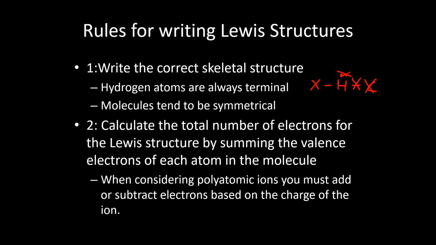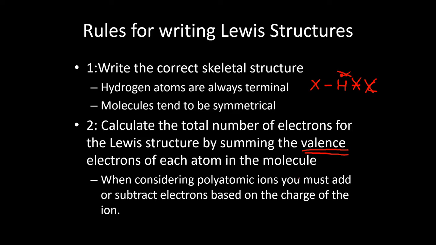Once we have the skeletal structure made, we're then going to calculate the total number of electrons for the Lewis structure by summing the valence electrons for each atom in the molecule. The key word here being valence electrons, not all electrons, just the valence electrons.